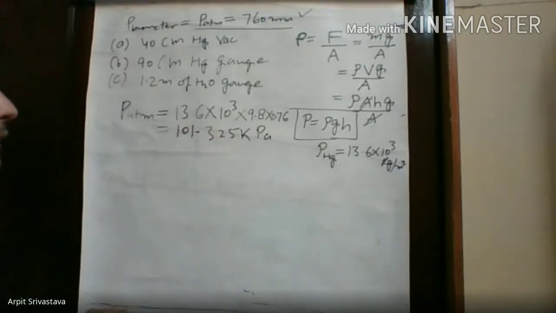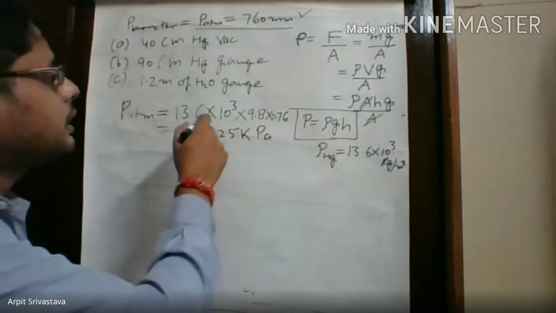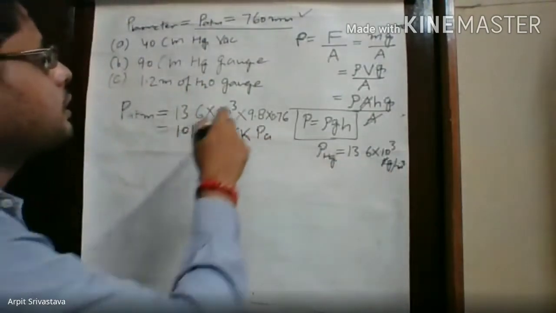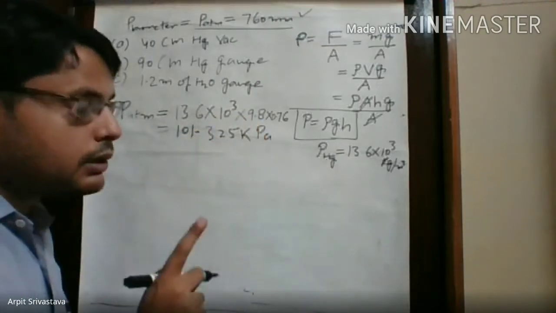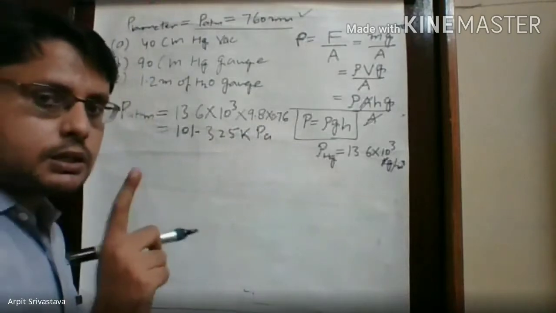Remember this. Here density is in kg per meter cube, g is 9.8 meter per second square, and 0.76 is in meter.